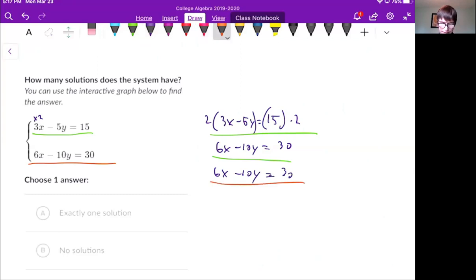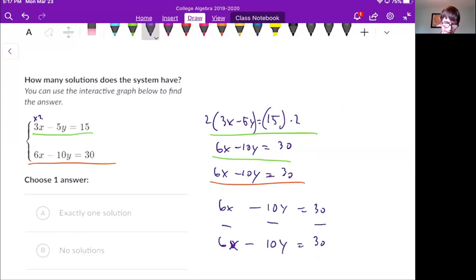All right. So the next step is to line these up. Well, they're actually already lined up, so that's pretty convenient. And then we subtract. So we get 6x minus 10y equals 30, and 6x minus 10y equals 30. This subtracts there, this subtracts there, this subtracts there.